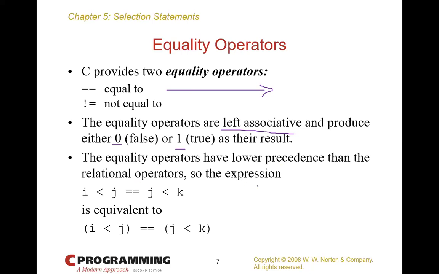And because of that, the expression I less than j is equal to j less than k is equivalent to I less than j first and j less than k. So you evaluate this first before you check for their equality. This is important that you keep in your mind. It's equivalent to I less than j is equal to j less than k in parentheses.